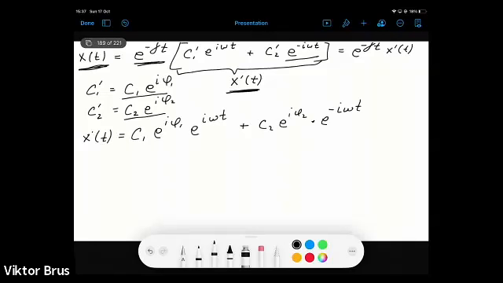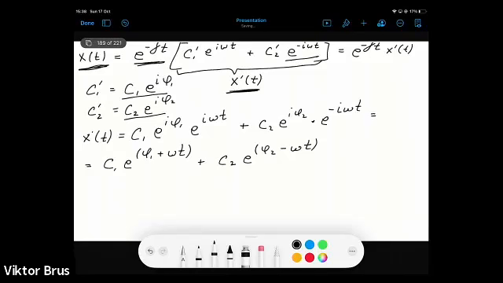Okay, now we can group them together. It will be C1 times exponent to the power i times phi1 plus omega t, then plus C2 times exponent to the power i times phi2 minus omega t.